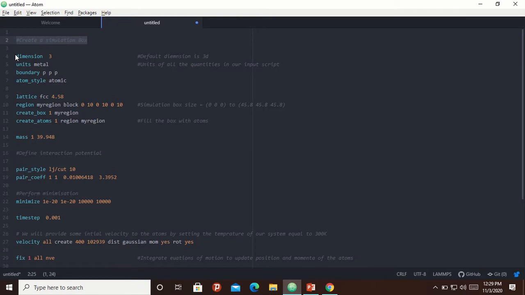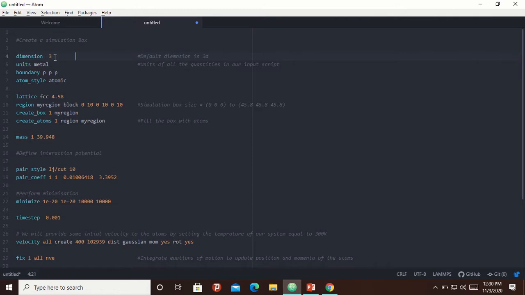So the first line that I am going to start with is dimension. You can see here it's dimension and 3. So what does this mean? This means that you are running your simulation in 3 dimensions. Okay, you can also do simulations in 2 dimensions or in 3 dimensions.